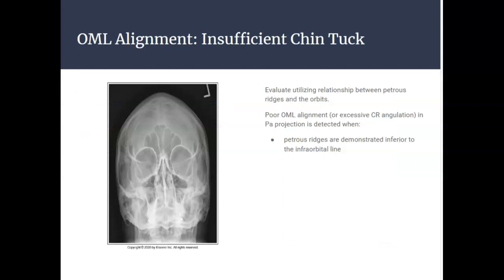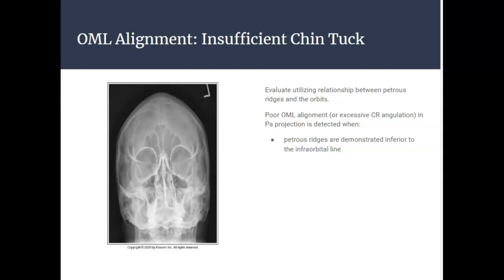So let's look at this projection of the PA axial cranial projection, Caldwell method. This is demonstrating insufficient chin tuck, or there could be a central ray alignment issue. They could have angled the central ray too caudally. Again, you're going to look at the relationship between the petrous ridges and the orbits, and they should be demonstrated in the lower third of the orbit, and they are not.